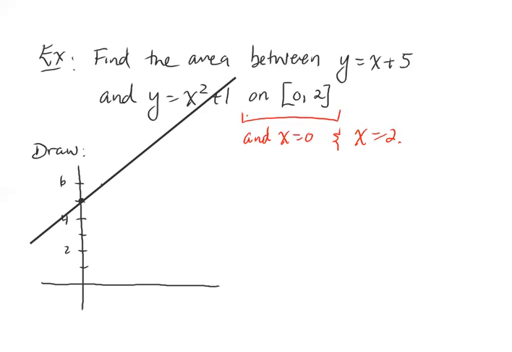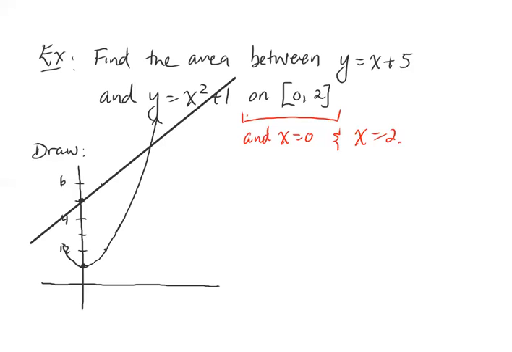And the graph of y equals x squared plus 1 is a parabola. It is the parabola x squared that has been shifted up by 1, so it has a vertex at 0, 1. It does the same thing on the other side.